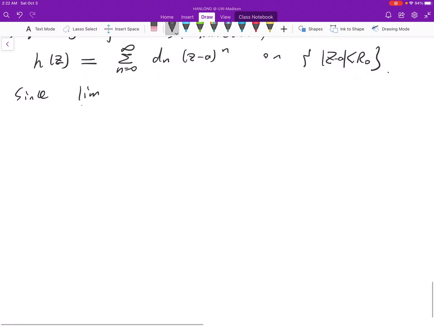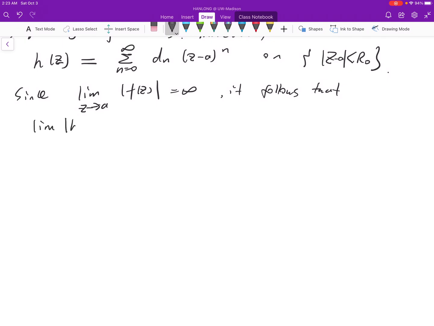Since the limit of the absolute value of f at a is infinity, it follows that the limit of h when z goes to a is 0.